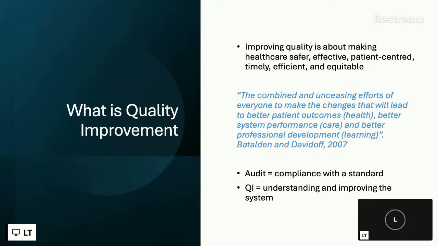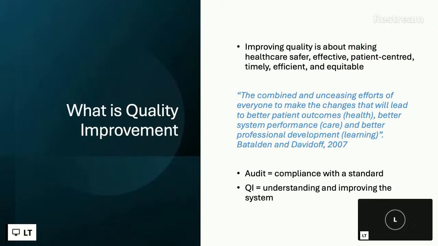So what's the difference from audit? Essentially, audit is about compliance with a standard. For example, an audit might look at how many children admitted with asthma exacerbation receive steroids within an hour, and then report the percentage. But if the audit shows that we are not meeting the target, it doesn't tell us why, or what to change or how to improve it. And that's where QI comes in.